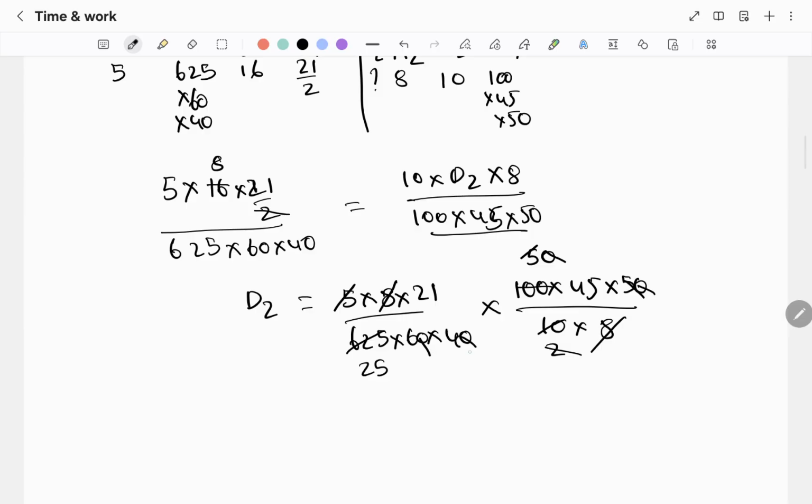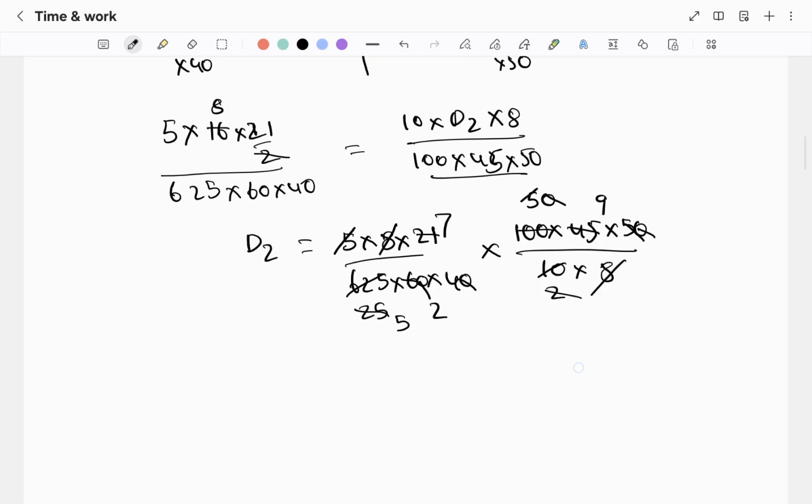6 is there, 4 is there. And 25, 5 fives, 5 nines. Then 3 twos, 3 sevens. Then it is actually 1000, we have taken it as 1000. So one more 0.